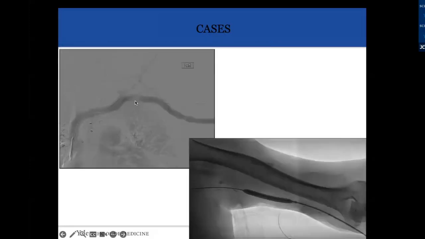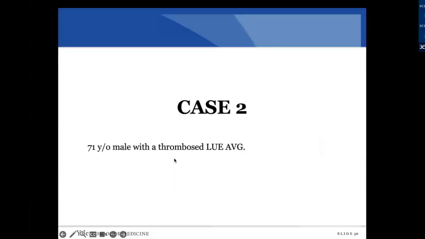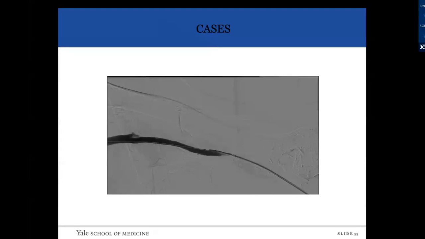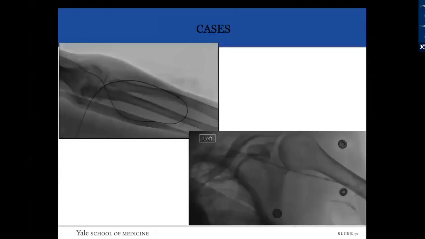This is the central veins. Then we use the balloon to angioplasty the areas of stenosis, and this is resolution of that area of stenosis. So these are the simple cases that you will like to get most of the time. Obviously, I don't tend to get this. I get the more complicated things.